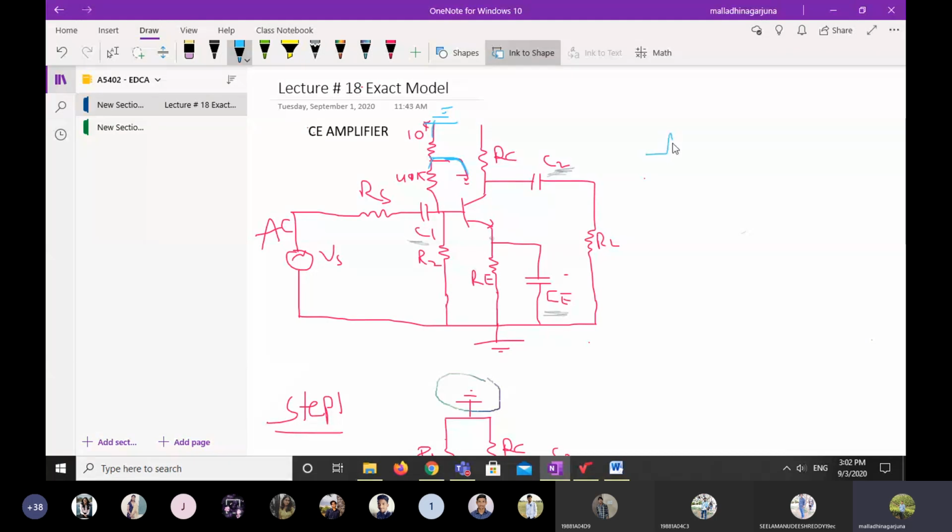And now the 10K resistor is like this, and this is ground connection, this is ground connection. If the resistor is connected between the two grounds, this is zero potential and this is zero potential. If the resistor is connected between two zero potentials, then what will be the current flowing through the resistor? Zero. So it means it's open circuit. So that 10K resistor gets eliminated from the circuit.